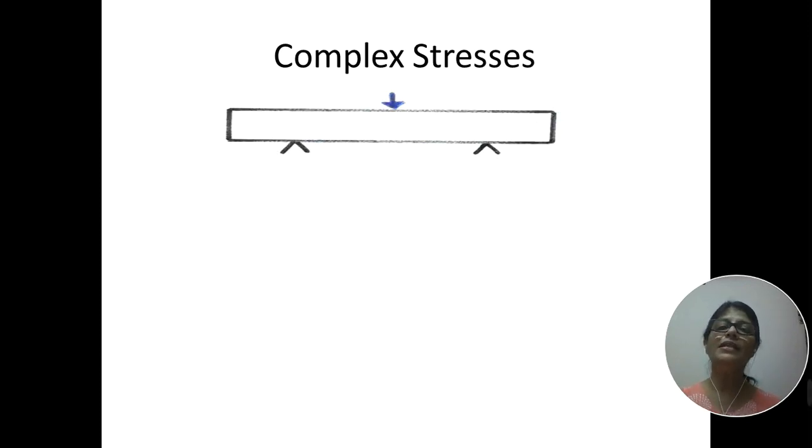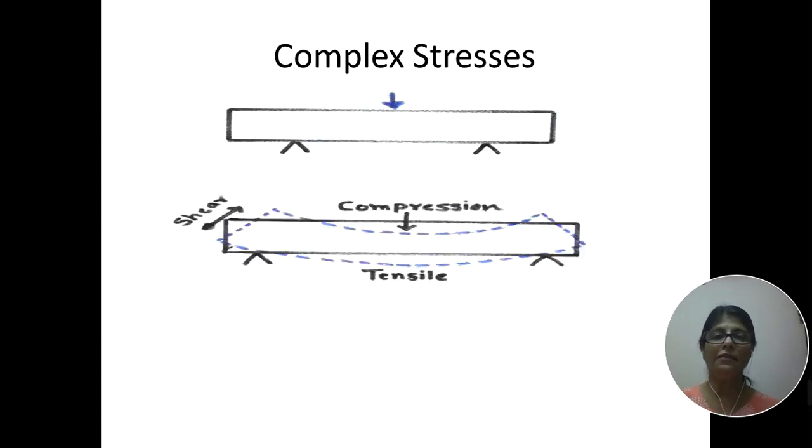Now here you can see the example of a beam which is supported at two ends. Now if you apply forces in the center of the beam, it bends in the center. So when it bends in the center, you will find compression in the center. Then here you will find tension, that is tensile stresses, and here you can see shear stresses.